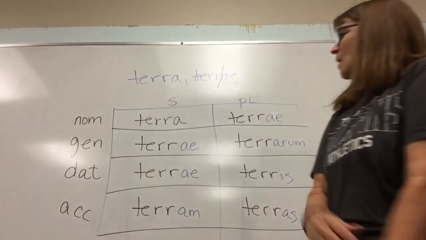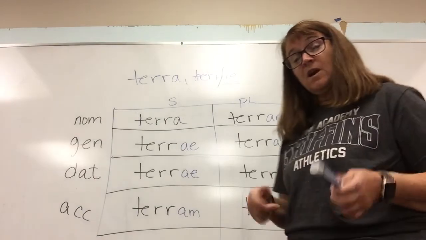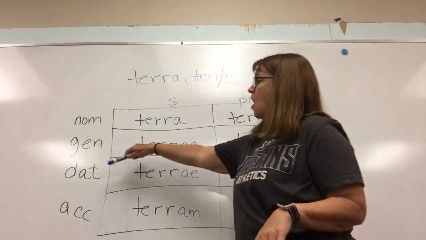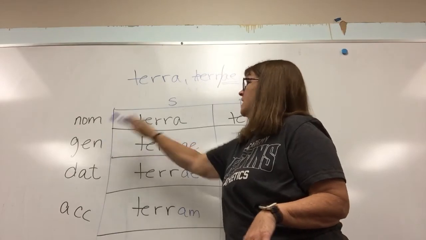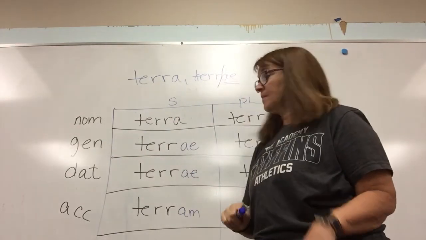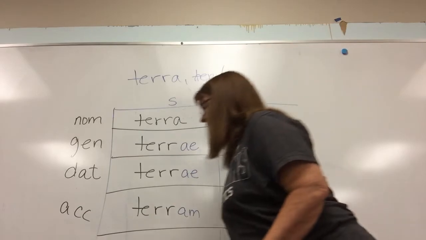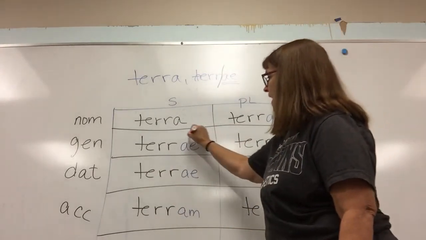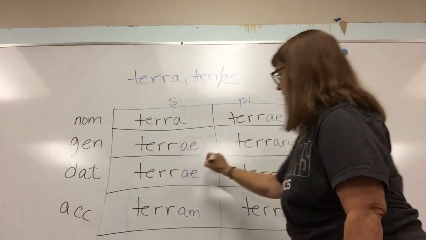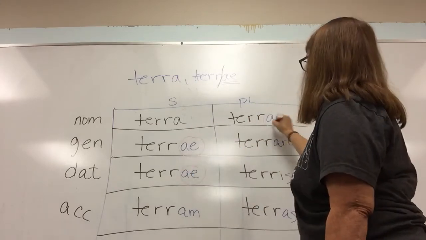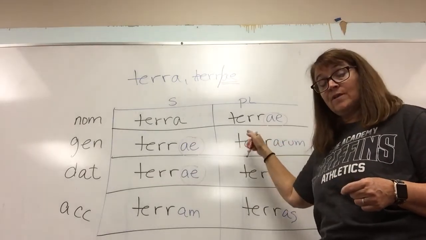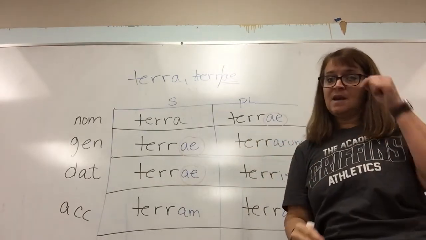When they say tell what forms they are with nouns, they want you to say, oh, this is genitive singular. But you're going to notice that sometimes there's more than one answer, because look, we have AE here, AE here, and AE here. So you're going to want to list all 3 of those when that's the choice.